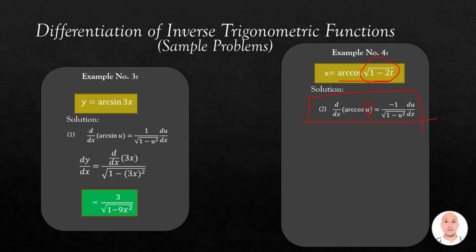From our power rule formula, we have n times u raised to n minus 1 times du over dx. Our square root of 1 minus 2t can be converted into open parenthesis 1 minus 2t raised to 1/2. So our n here is 1/2. Then our u is 1 minus 2t. So we can rewrite this in this form.